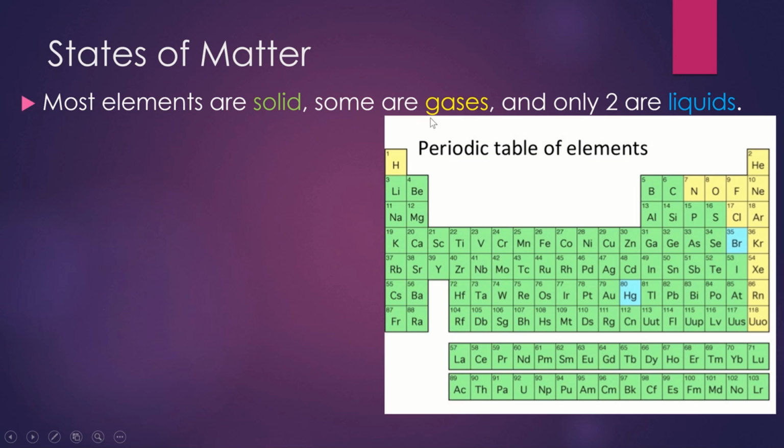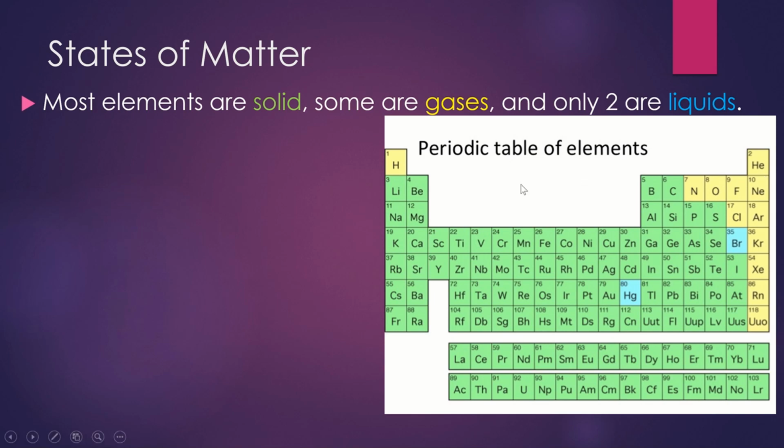There are some gases as well. First of all, the noble gases are, well, they're gases. That should make sense, hopefully. The right-hand side here, noble gases are gases. Now, you won't see these being involved in too many reactions, so don't stress those. But again, noble gases are gases.